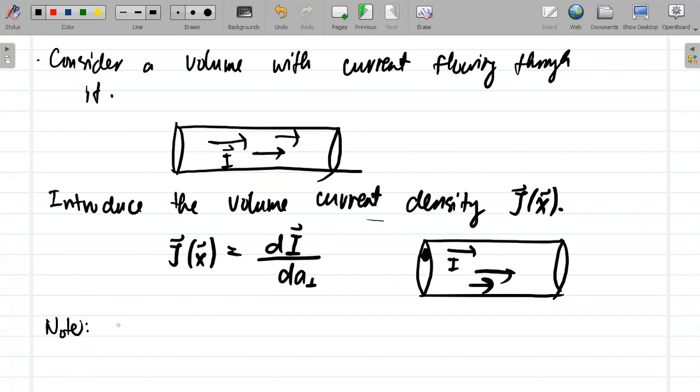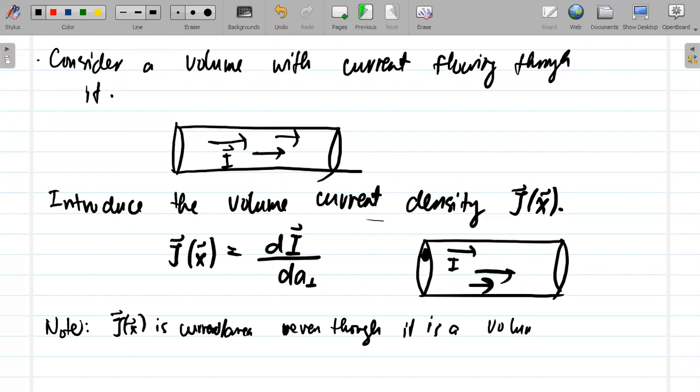So, bakit siya current over area lang? Note, J of x is current per area, even though it is a volume current density. Class, bakit hindi ako pwede mag-divide ng volume?